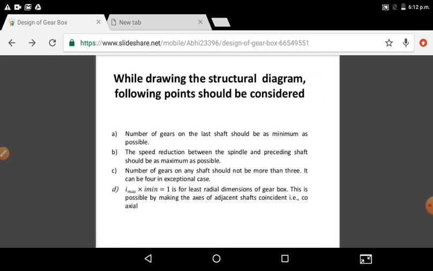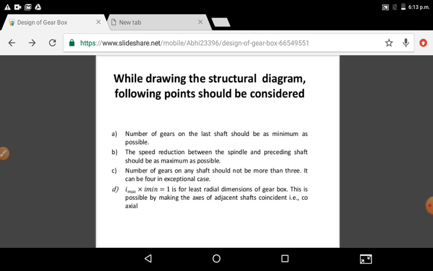Now, while drawing the structure diagram, the following points should be considered. Always remember the number of gears on the last shaft should be as minimum as possible. Why? Because at the last shaft we require less torque but high speed, so we can't afford the high stress produced on the last shaft, right?